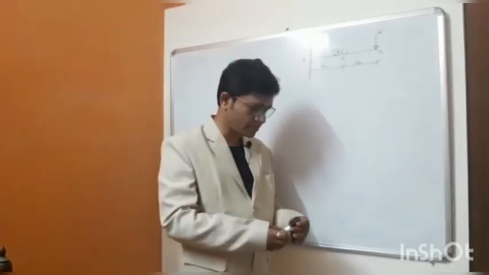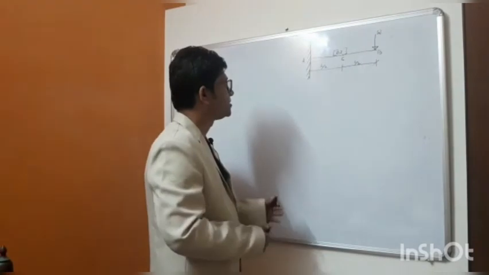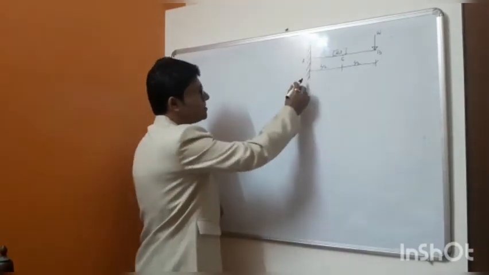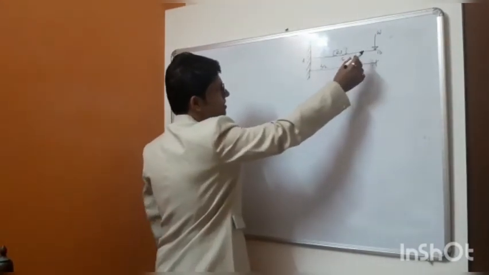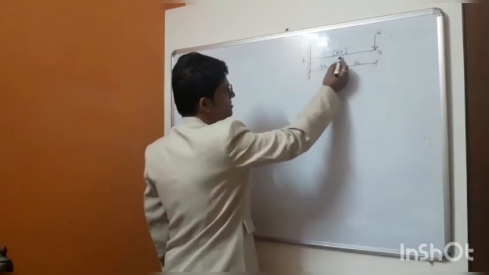So let us take one case here. This is one cantilever beam having a point load W at its end, and C is the midpoint.